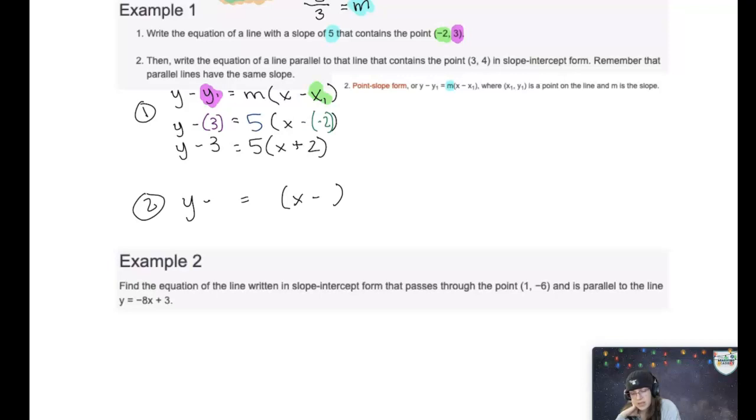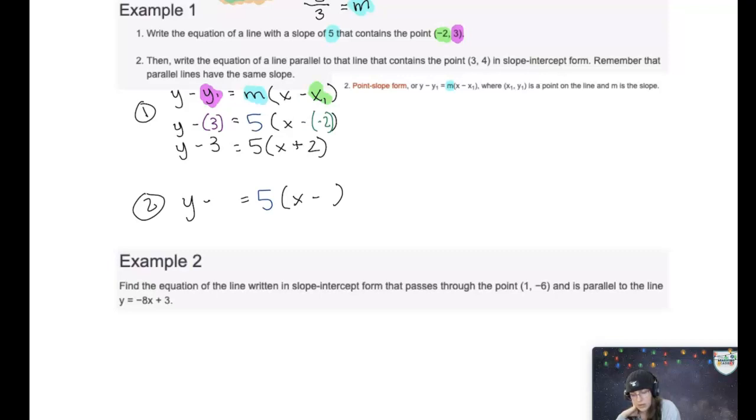The reason that we have to start this way, okay? Then we're going to solve, but we have to start this way. So we know that they're parallel, and because they're parallel, oh, I forgot to highlight this. Because they're parallel, they have the same slope, because parallel lines have the same slope. So we're going to leave the slope as 5, okay?